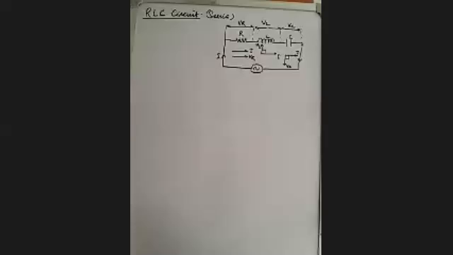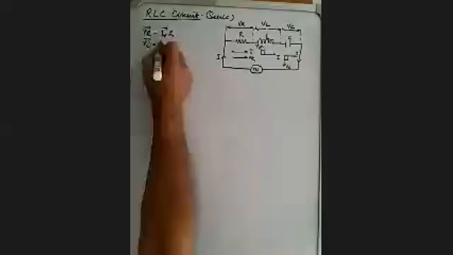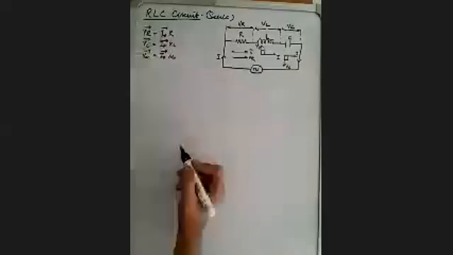And VR, that is the maximum potential difference, is given by I naught into R, VL is I naught XL, and VC is I naught XC.